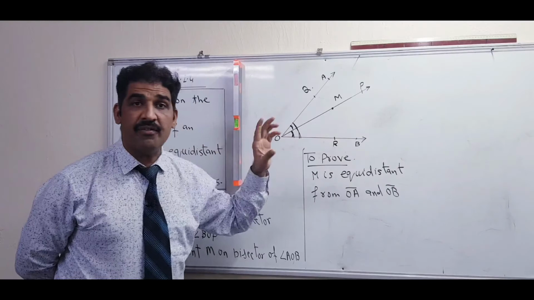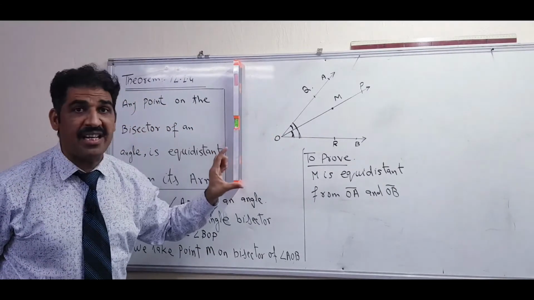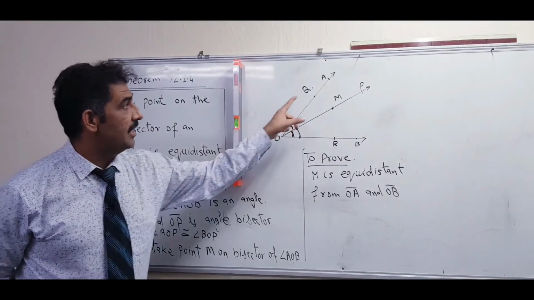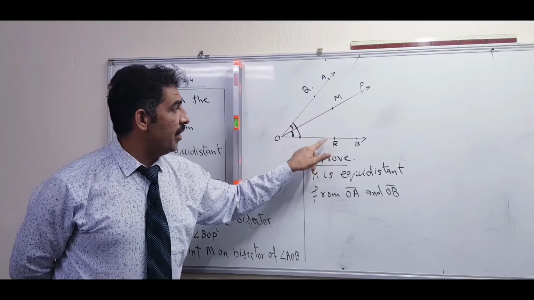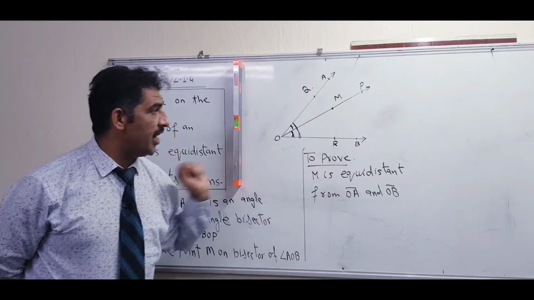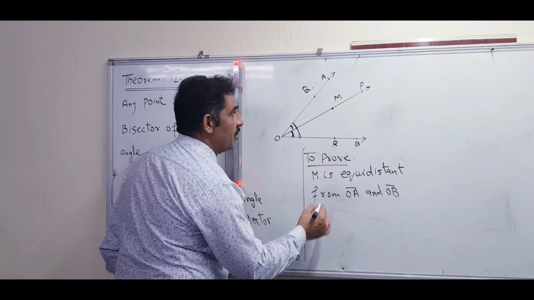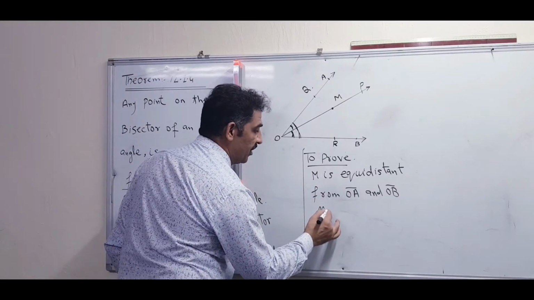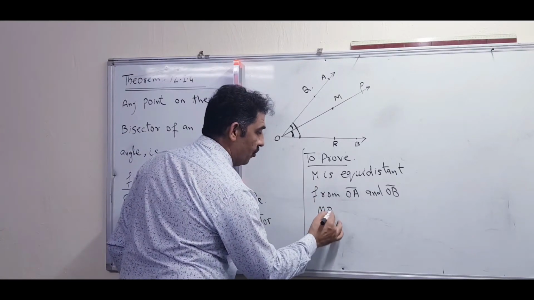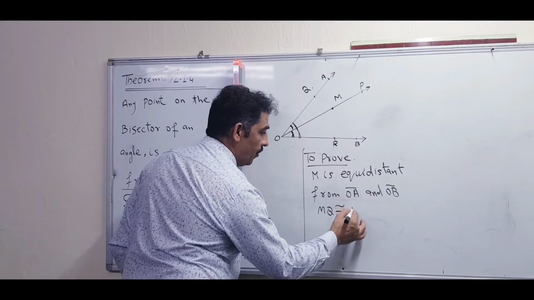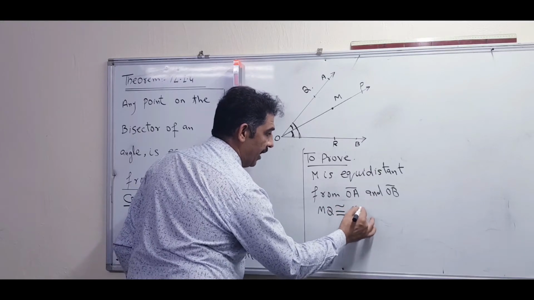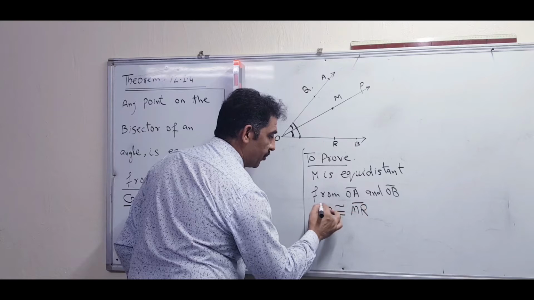So we have to find out which is the main length. So we take points like Q and R on OA and OB. So we have to prove, mathematically you can say, that MQ is congruent to MR. We have to prove this result.